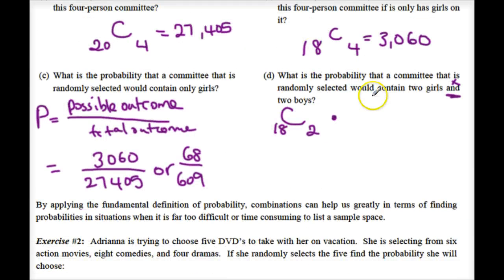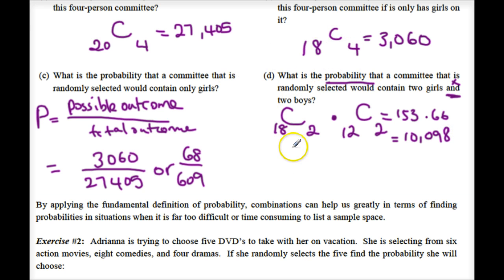We had 12 boys, so 12 choose 2. This will work out to be 153 times 66, which is a total of 10,098.